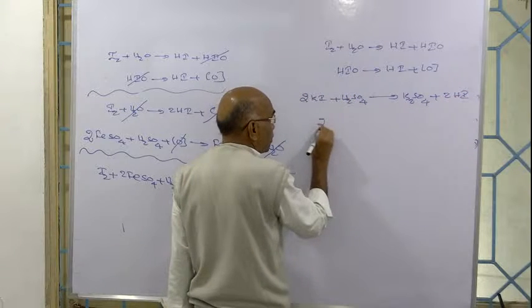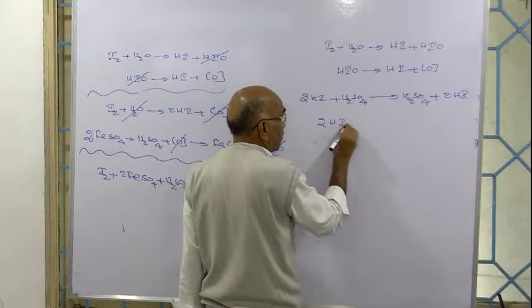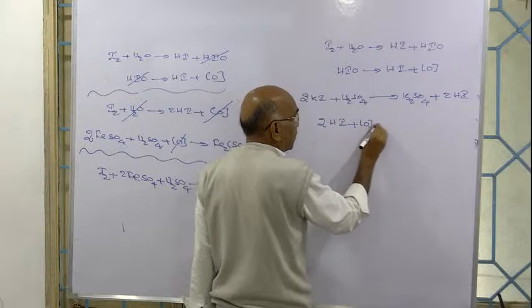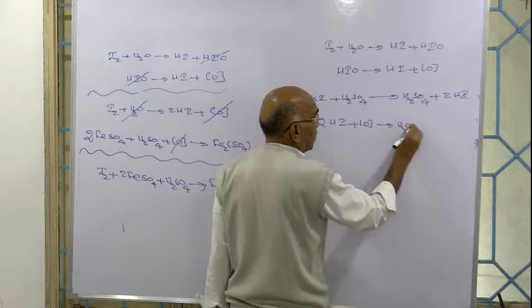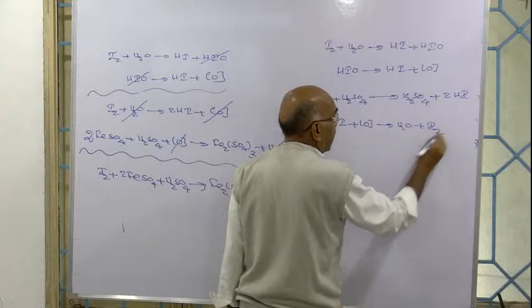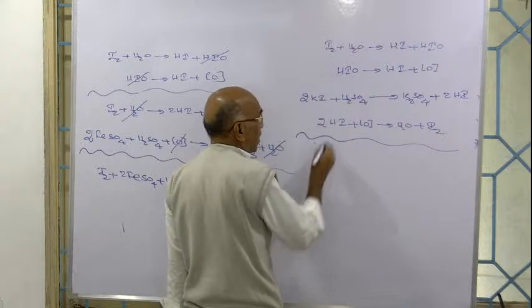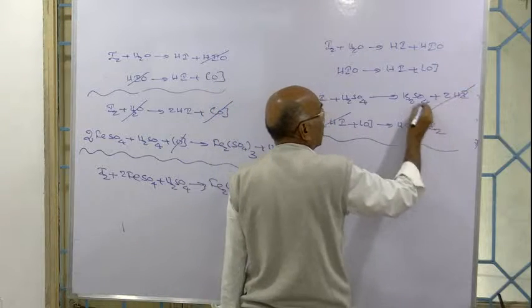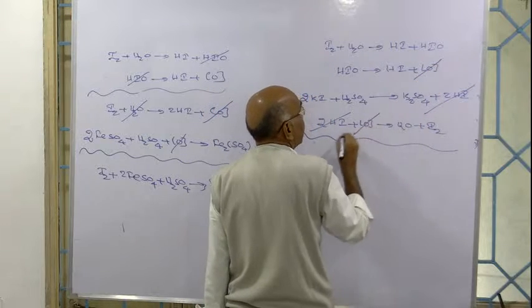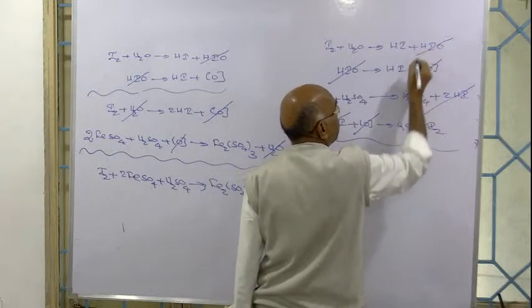This 2HI plus oxygen gives water plus iodine. So this is also a preparation of iodine, you can say: 2HI, nascent, HIO, water.